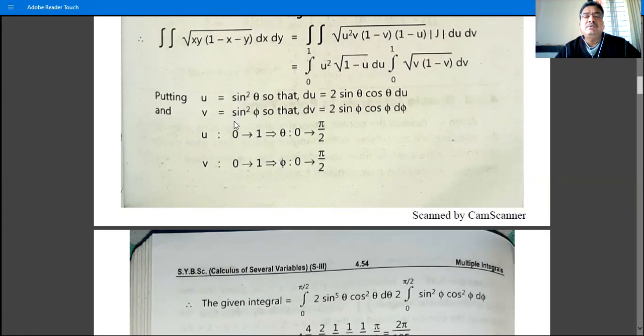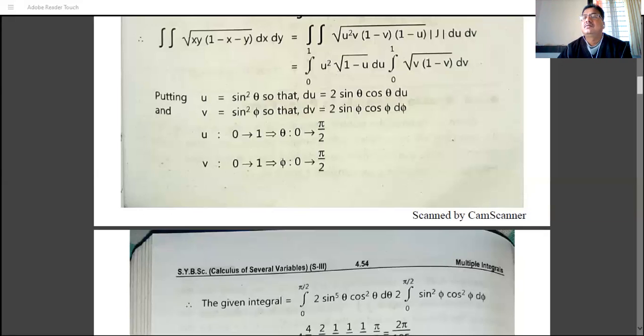But if u is 1, then sine theta is 1, means theta is sine inverse 1, means pi by 2.